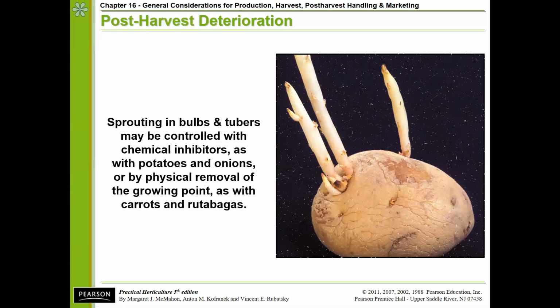Think about potatoes here. We're talking about sprouting, but also greening of potatoes. You have to store them in darkness. If you have light applied to them, then you get that greening, and that greening actually signifies the presence of a toxic chemical. So really you can't sell green potatoes because even though you can remove that, it's a less desirable product.